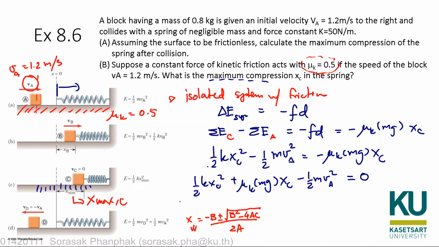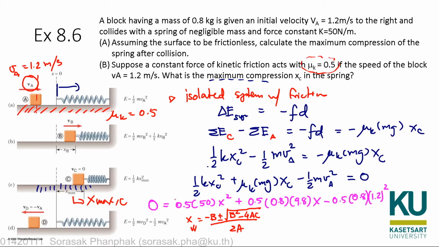So you get 0.5, and k is the spring constant, which is 50, x square, plus mu is now 0.5, m is 0.8, g is 9.8, x, and minus 0.5, m is 0.8, and v square is 1.2 square. These are equal to zero.